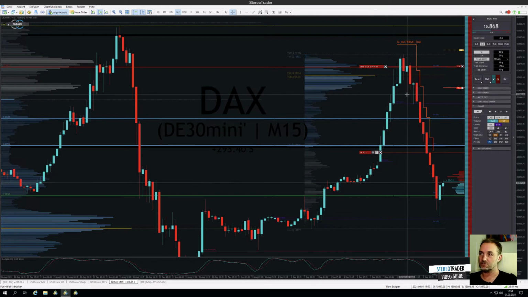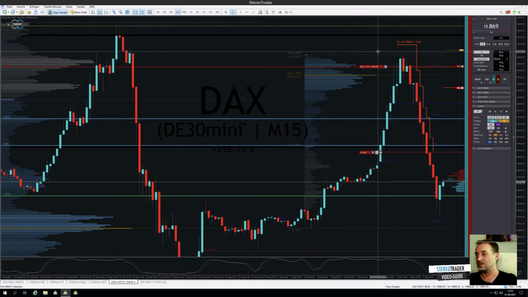When we have a structure before, it's often the case that a structure like that is continued, but it doesn't mean it's continued necessarily in the same direction. Of course not. It's just algorithms which trade the markets like that, but in very many cases this logic way of automated trading is continued, as said before.